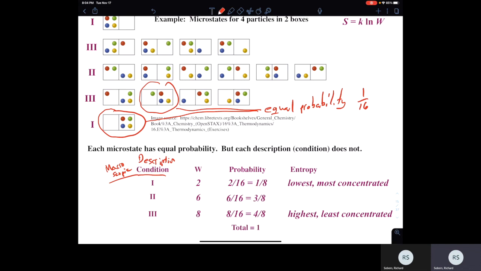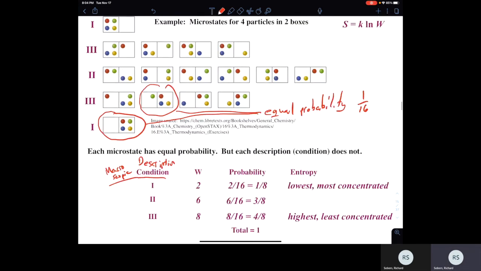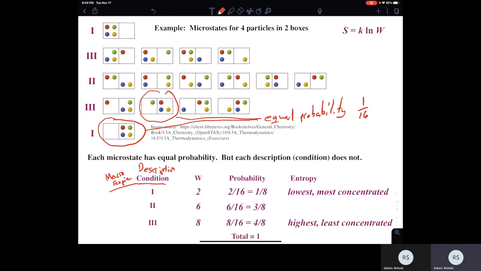So condition 1, the condition where 4 beanbags in one box, the other empty, has a probability of 1/8, 1 out of 8.